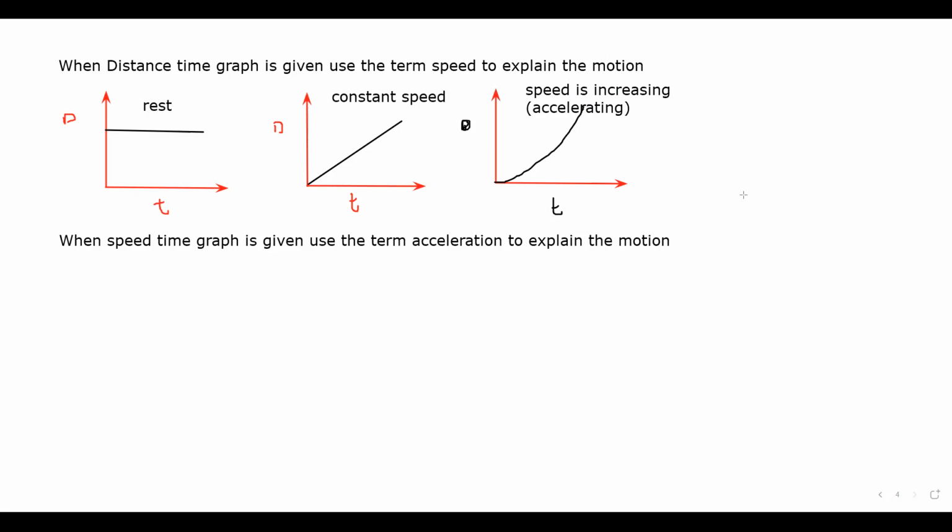And if we have a distance time graph for an object, what can you say about the speed here? Yeah, decelerating.